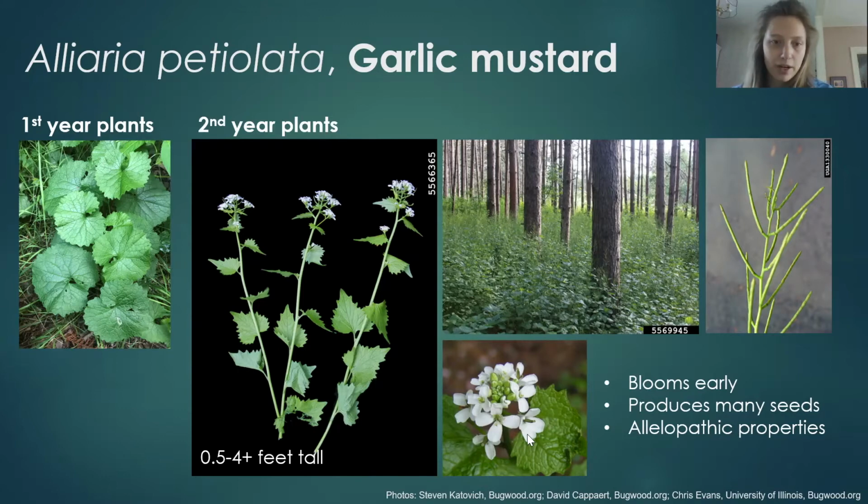They're white flowers, and the leaves no longer look like they did in the first year. They're no longer this round kidney shape, and now they're more of an arrow-like shape. And the teeth or the leaf margins are less wavy and much more pointy-toothed. So they do look quite a bit different, and they're much, much taller.